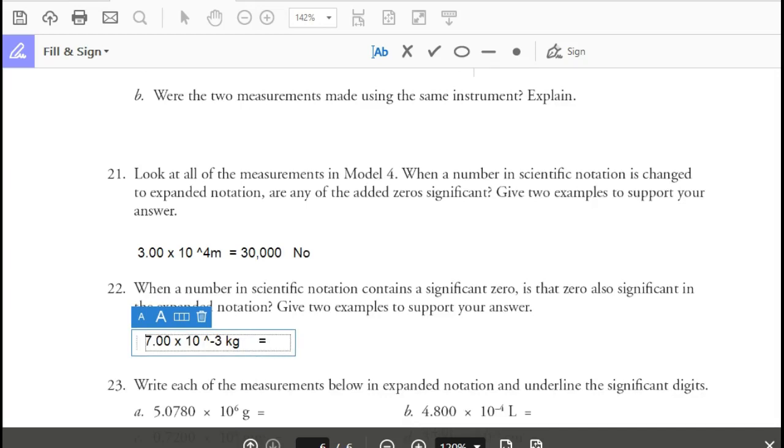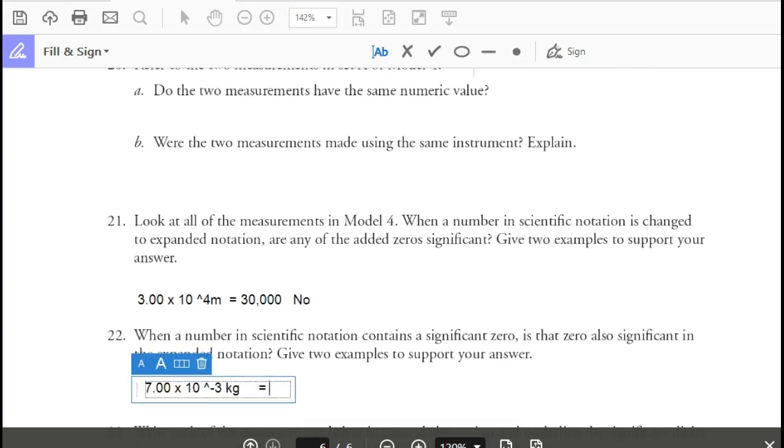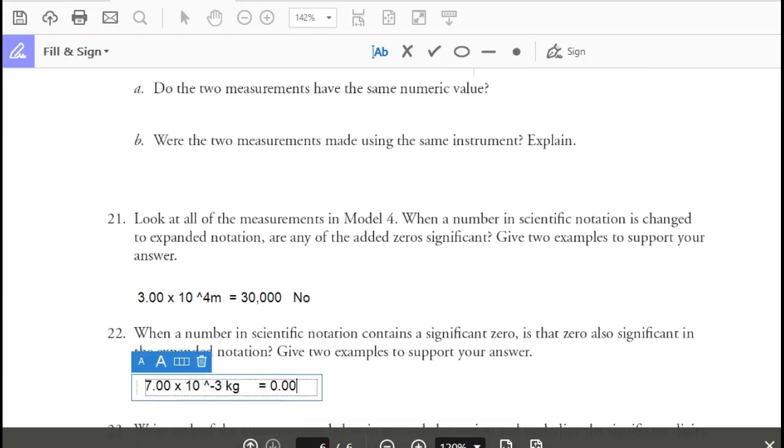That was equal to 0.00700 kg. So in this example, that's a yes, because this one has 1, 2, 3 significant digits here. Remember, these two are placeholders, so they don't count. And this one has 1, 2, 3 significant digits here. So for this one, it's a yes.